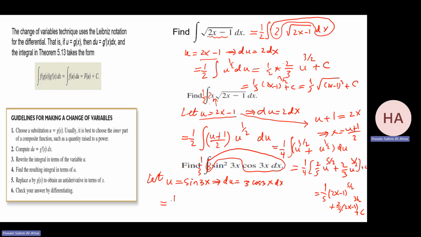So the answer will be 1 over 3 integral of u squared. This is my u, sine 3x. u squared du. Done. Easy now to do the calculation. That will be what? 1 over 3 times u cubed over 3 plus c. What is u cubed? It is sine 3x. So it will be sine 3x cubed over 9 plus c.